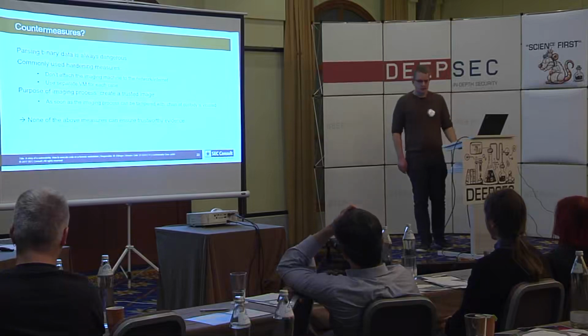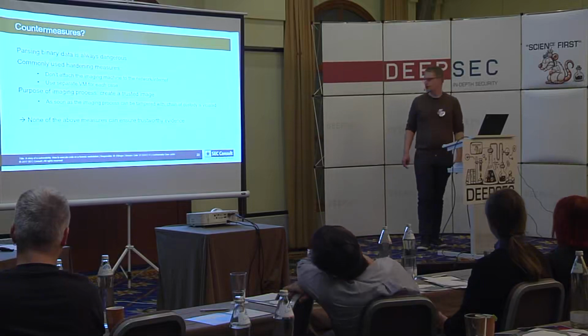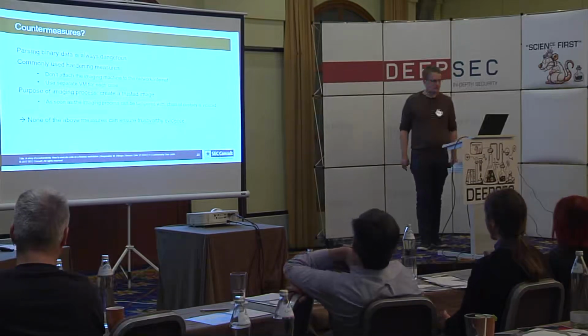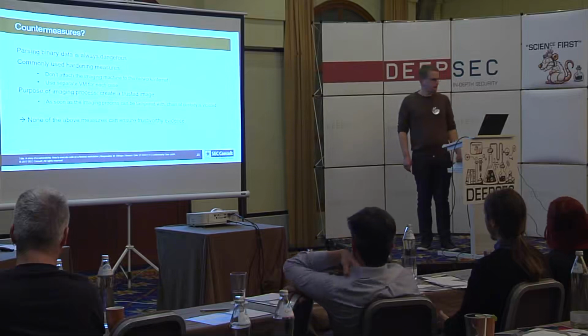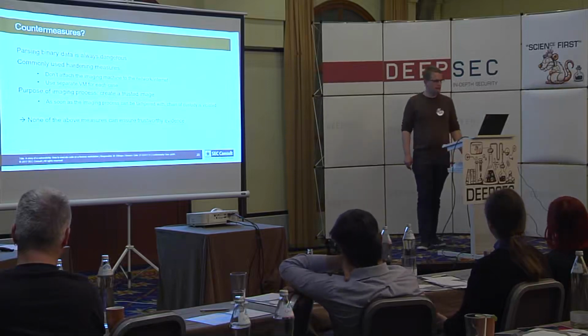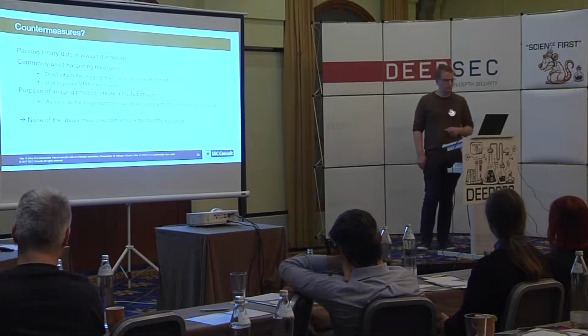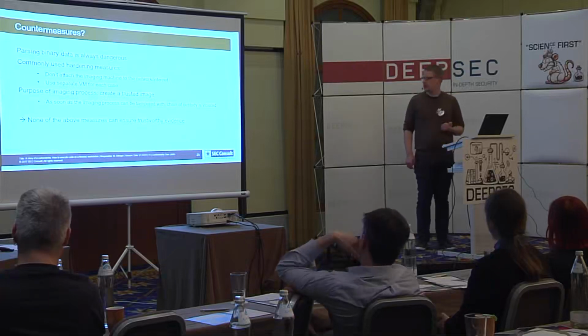So what can forensic investigators do to mitigate such vulnerabilities? As you might know, parsing binary data is always dangerous. So there's no perfect way to prevent any of these vulnerabilities.